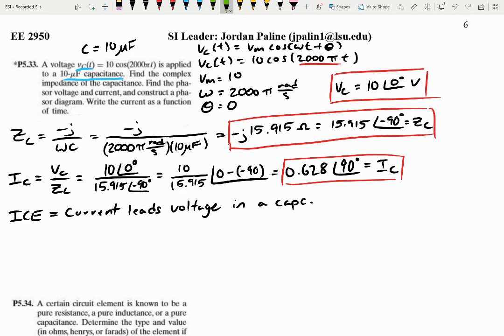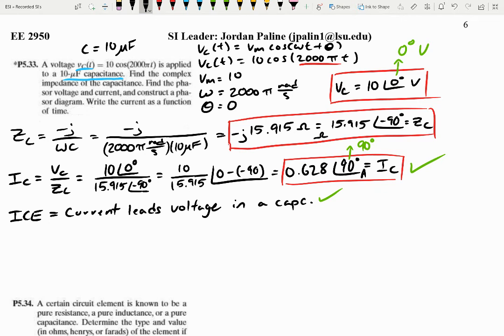Well, let's take a look. Here for the voltage, we have 0 degrees. And here for the current, we've got 90 degrees. So that works out just fine for us. And I forgot to drop in amps right there. Amps and ohms.